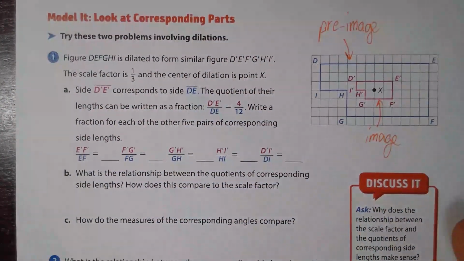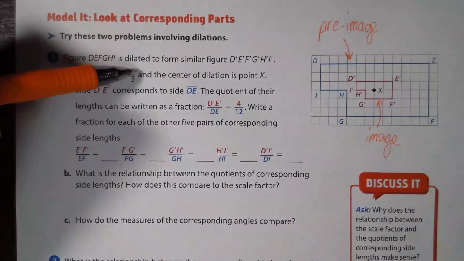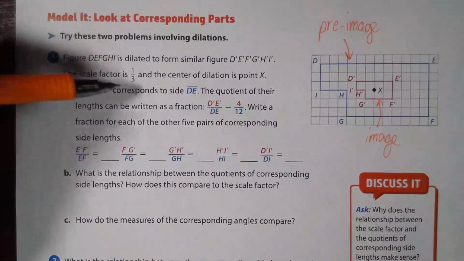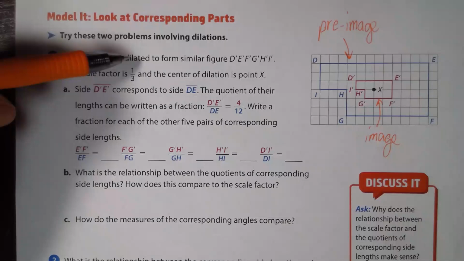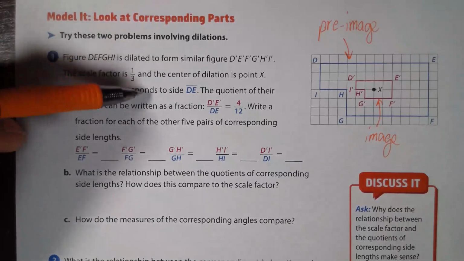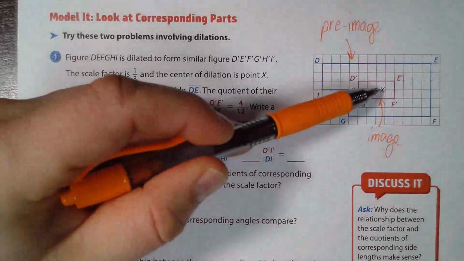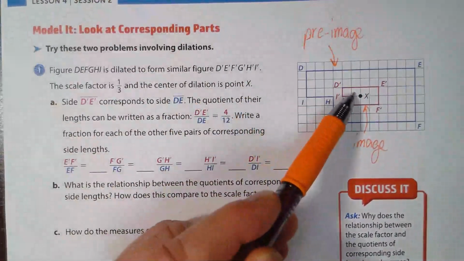Okay, so this says it has a scale factor of 1/3. Yeah, it got smaller. Don't you think the scale factor should be less than 1? If it's going to get smaller, basically we're dividing by 3 right here. But we're going to write that as a fraction, so we can always think of scale factor as multiplication. And the center of dilation is x, meaning everything is shooting out from x here.